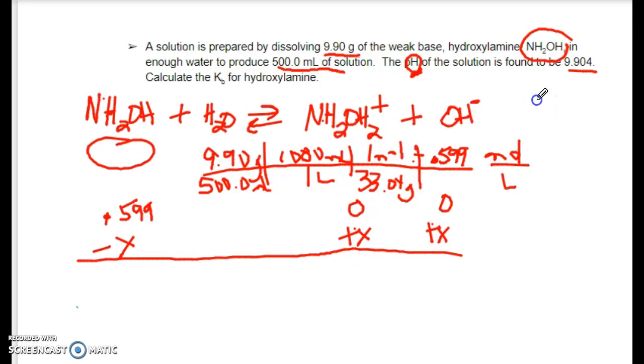So to get hydroxide, I need to subtract 14 minus the 9.904, excuse me. And that's going to give me a pOH of 4.096.